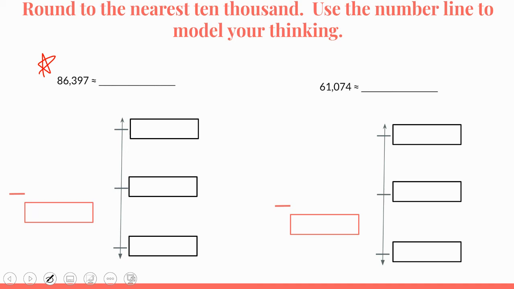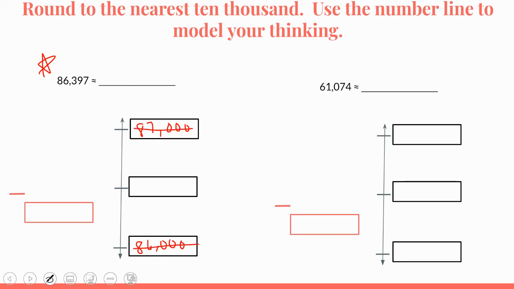All right, so I'm going to start by putting my lowest number in first. So I'm rounding to the nearest 10,000. My low end would be 86,000. And my high end would be 87,000, rounding to that nearest 10,000. Actually, my bad, I messed that up. Let's go ahead and not do that.